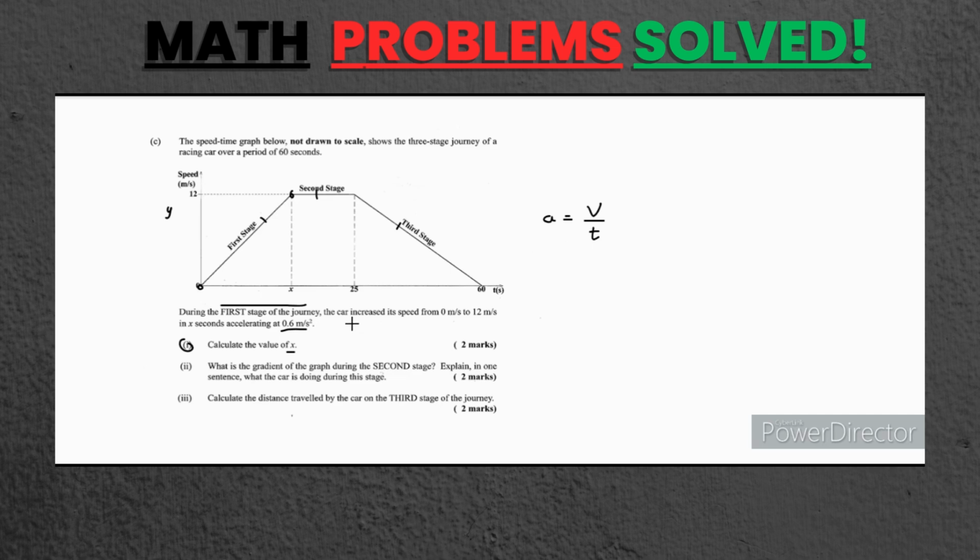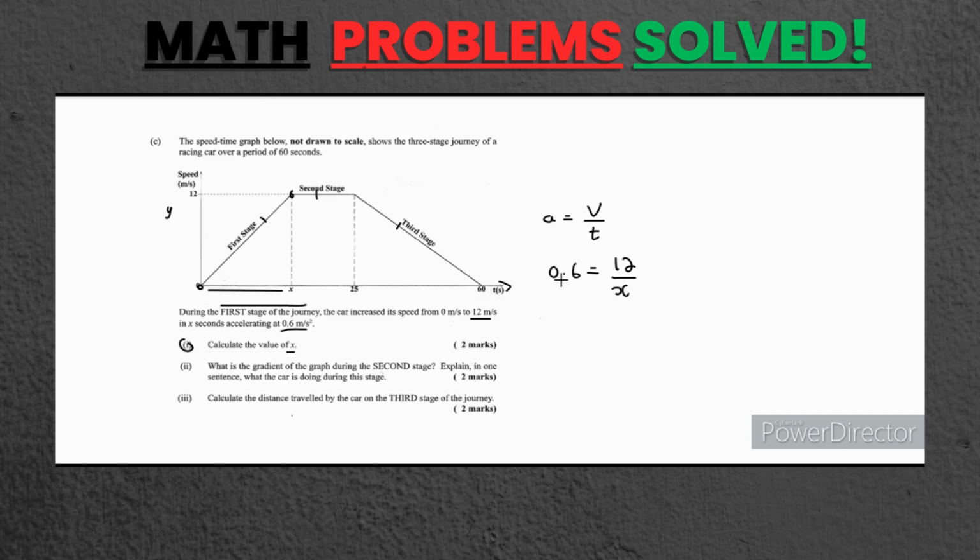So in this, what is x? x is the time, right? For the first stage we are given the acceleration. Acceleration is 0.6, and the velocity here is 12 meters per second, right? And time is represented by x, because the horizontal axis shows the time, and from here to here the time is x. We have to find x. So what will we do?